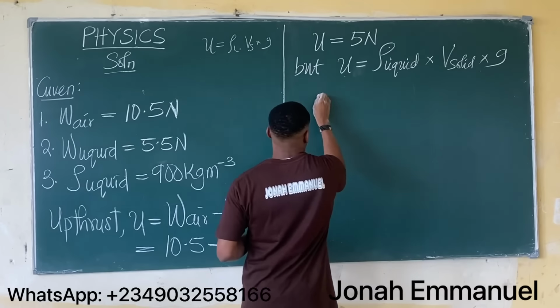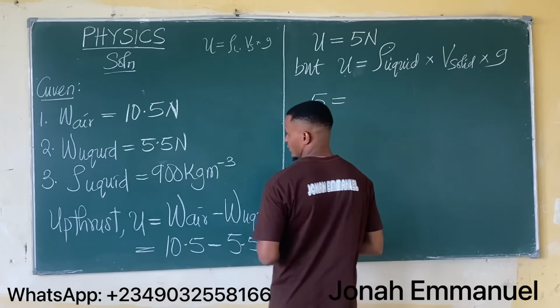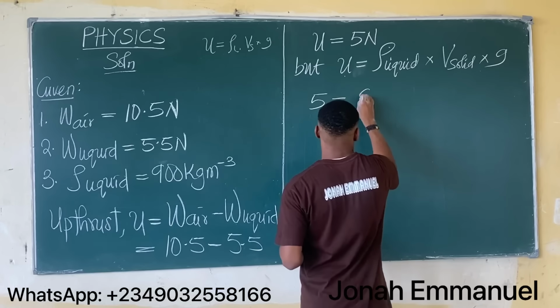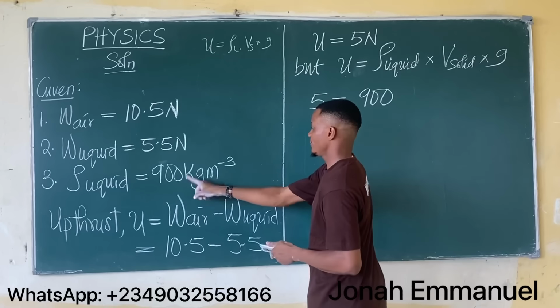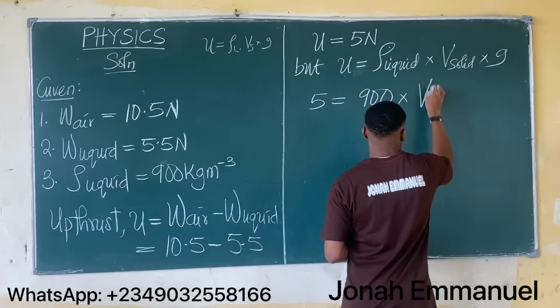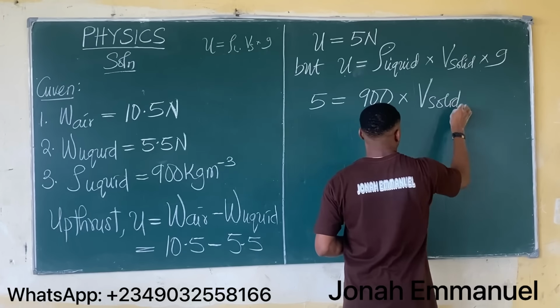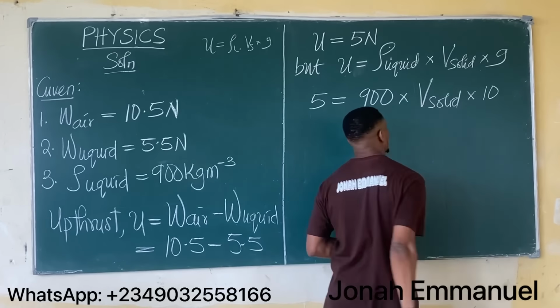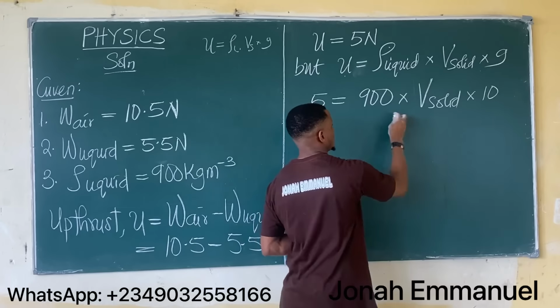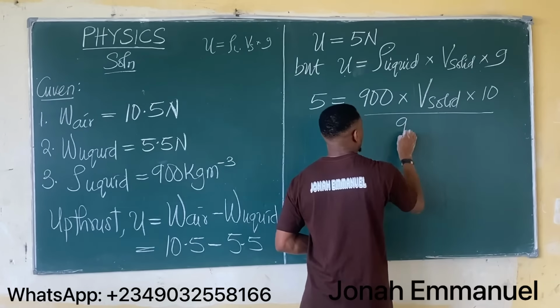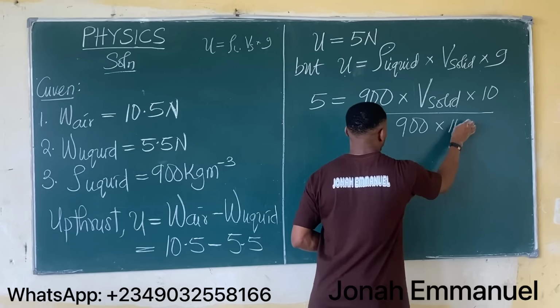So that means that 5 is equal to density of liquid, that is 900, times volume of solid times 10. To get the volume of the solid, divide by 900 times 10.